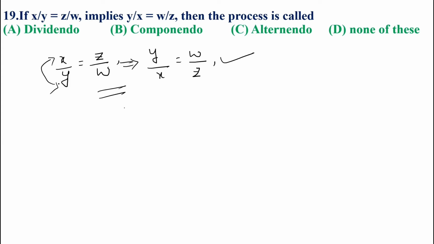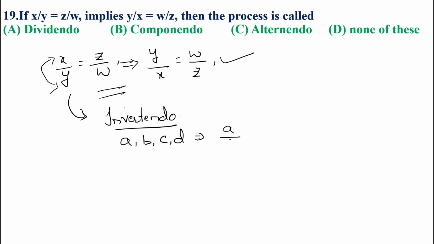If we change consequent to antecedent and antecedent to consequent, means interchanging of the denominator and the numerator, the property is called invertendo. I told you already, if A, B, C, D are in proportion, means A by B is equal to C by D, then invertendo is B by A is equal to D by C.